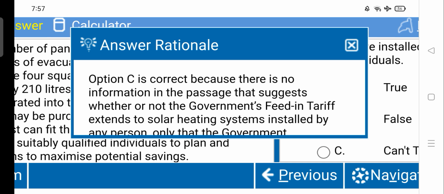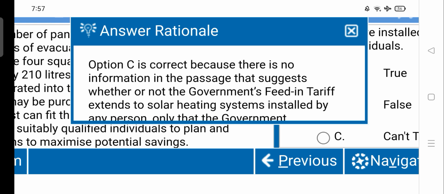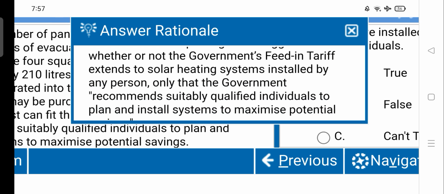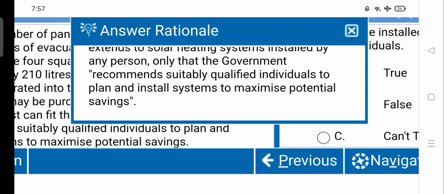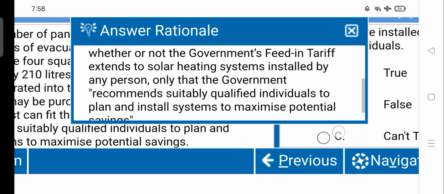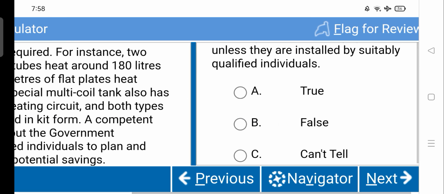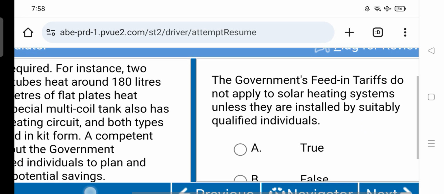So we have option C is correct because there is no information in the passage that suggests whether or not the government's feed-in tariff extends to solar heating systems installed by any person, only that the government recommends suitably qualified individuals to plan and install systems to maximize potential savings. So option C, that is can't tell, is the correct option.